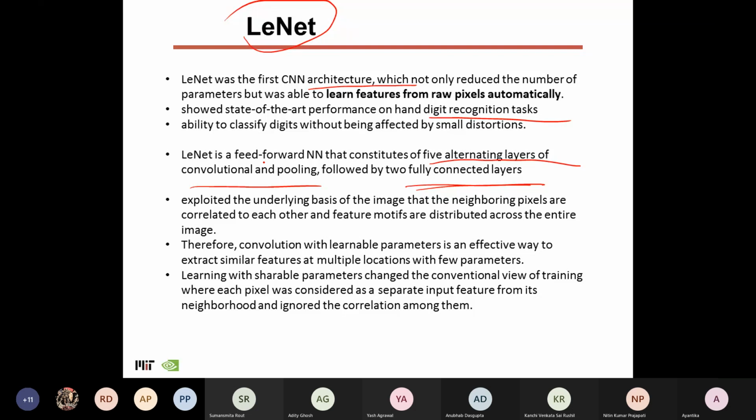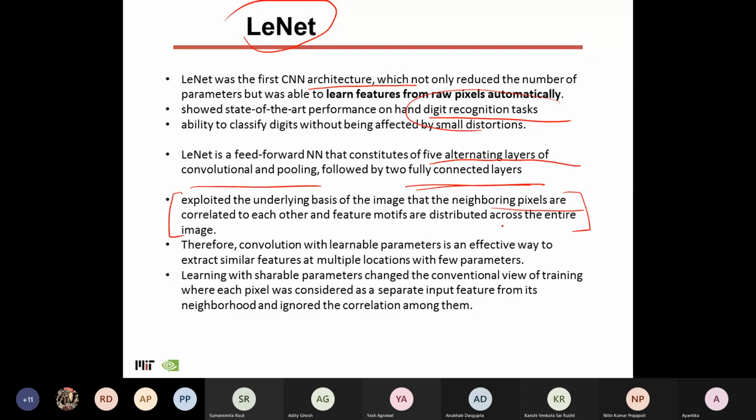So that was the basic structure of LeNet. It was first used for the digit recognition task and exploited the underlying basis of an image: that neighboring pixels are correlated to each other and feature motifs are distributed across the entire image. This part is very important. If you apply a certain size of filter, you can extract some pattern.